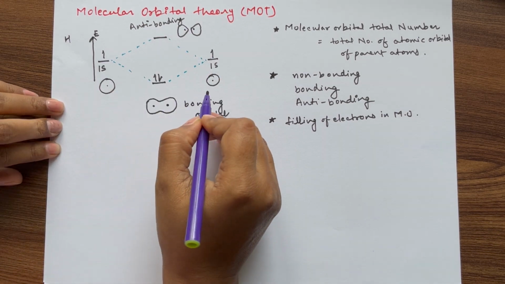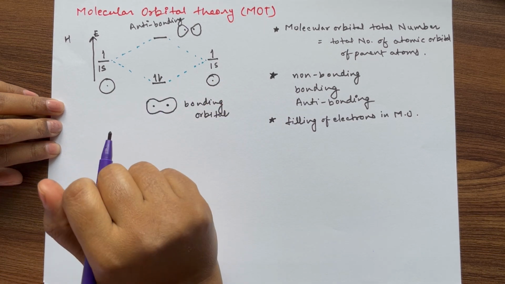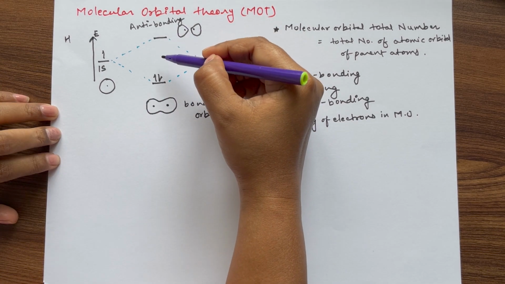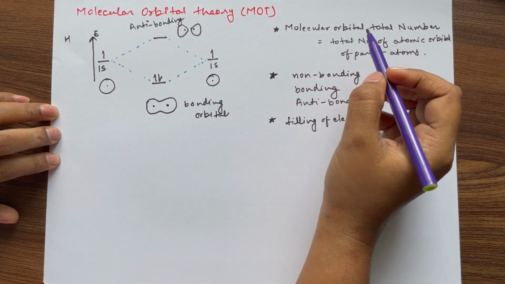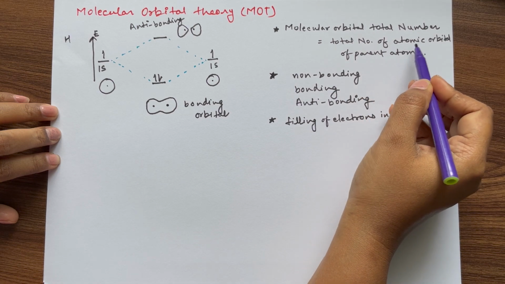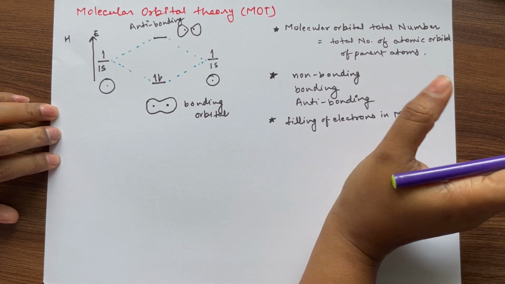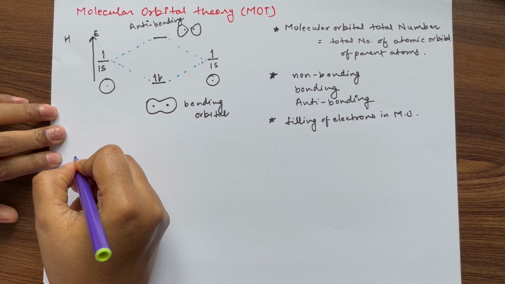What happens when three different atoms combine together? There will be three different molecular orbitals because the total number of molecular orbitals is equal to the total number of atomic orbitals of the parent atoms. So we can plot it like this.